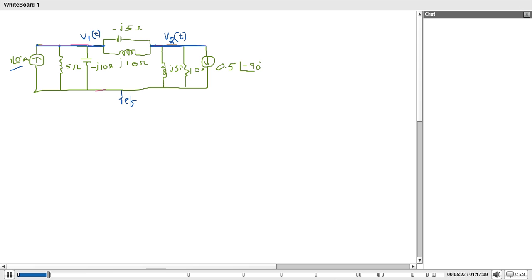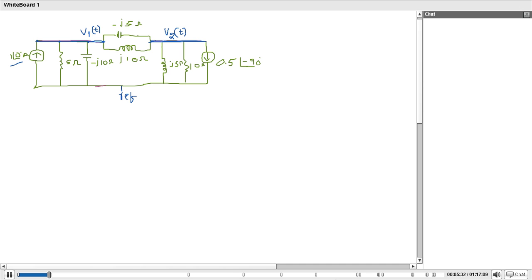So as time changes, the voltages and currents change. The question itself says to use the nodal analysis technique to calculate V1 of t and V2 of t. The procedure is the same as you followed for DC circuits; the only thing is, in place of resistors, here there are resistors, inductors and capacitors.